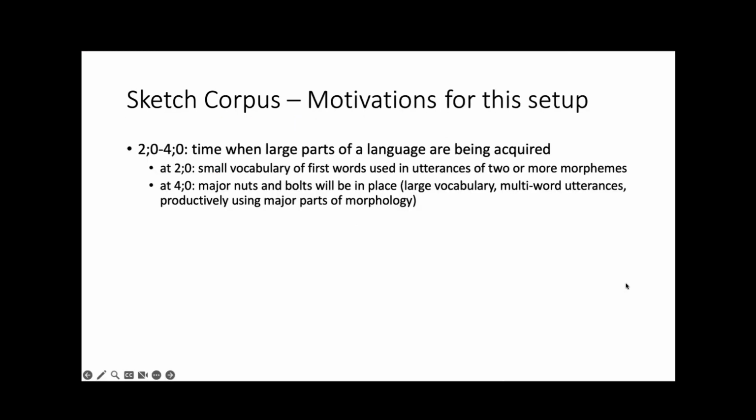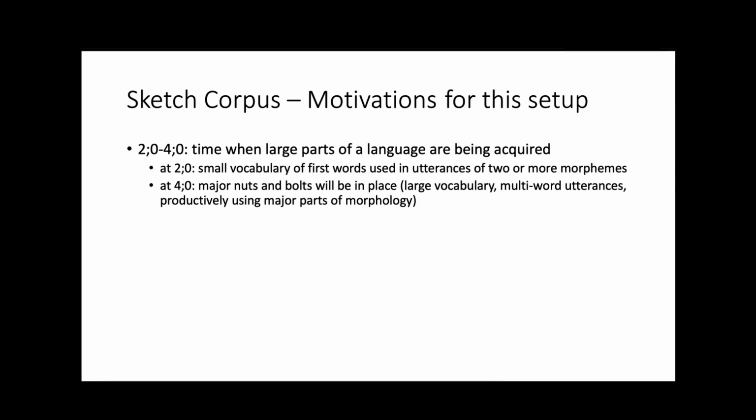So what are the motivations for this setup? We want the children to be recorded between 2 and 4 years, because this is when a lot of the nuts and bolts of language acquisition is happening. At the age of 2, some children will have a small vocabulary of first words used in utterances of 2 or more morphemes, but they won't typically have very sophisticated language skills.